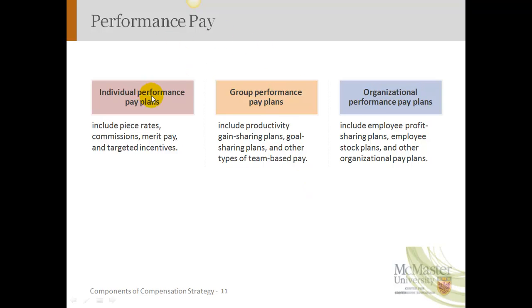As I said, you can have three different types: individual, group, and organizational performance pay plans. Some organizations have individual performance pay plans, which could be piece rates. So say, for example, you're a company in the textiles business and you make uniforms for the RCMP, police services, whatever.